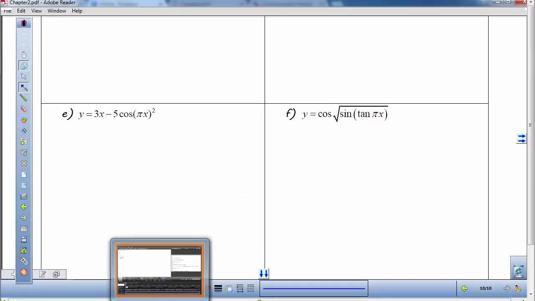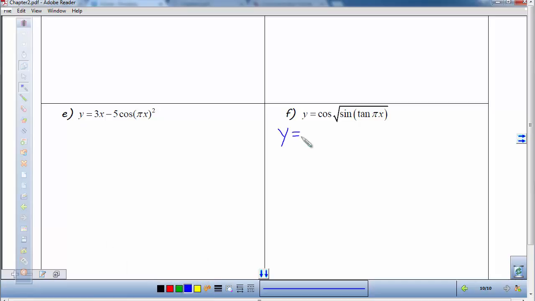So I've got cosine, okay, well, let's just rewrite it first. Y equals. Is tangent part of sine's argument? Yes. Wow. Yeah, we've got tangent. We're taking sine of tangent pi x. Yes.